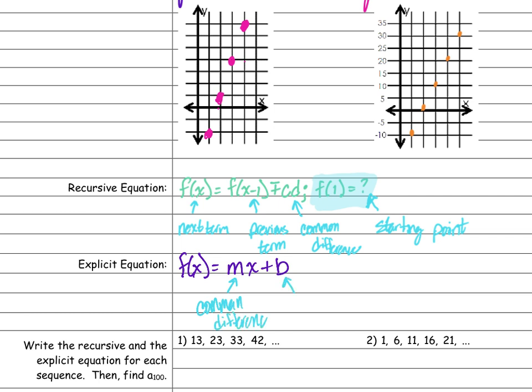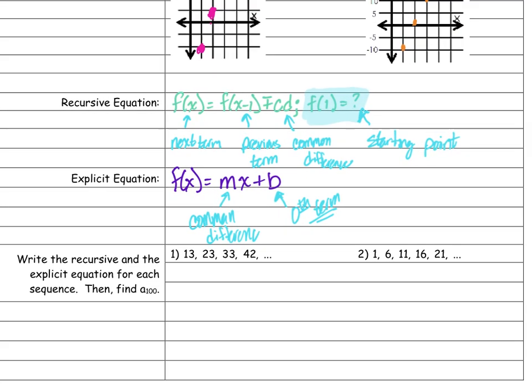And b is my, this is where it's a little different then. This is my 0th term, right? My 0th term. Okay. Did I leave myself enough room? Oh, beautiful.